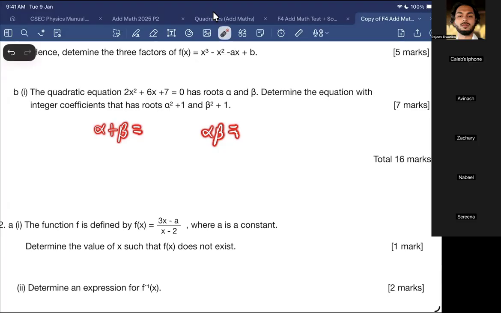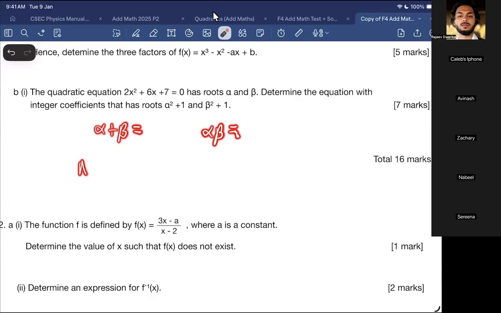But in this question, they want us to figure out the equation of the new quadratic, which has different roots. What are the different roots here, Nabil? Look at the question. Instead of the root being alpha, what do you have? Alpha squared plus 1. And what is replacing beta? Beta squared plus 1. Right.